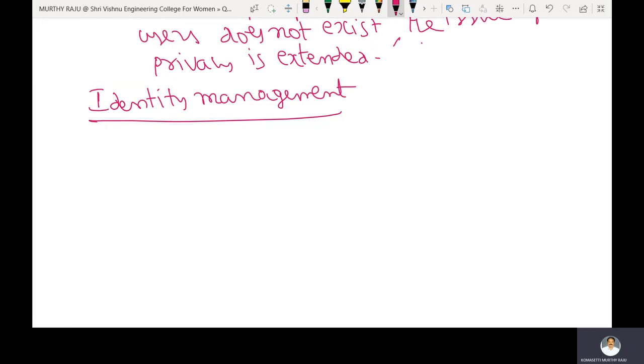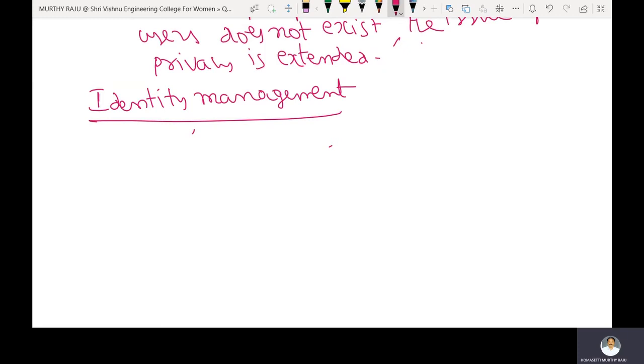Hence, efficient and lightweight identity management schemes are required. Distributed is the main important challenging task in identity management. Lightweight identity management is required to identify the objects which are connected to the communication network.